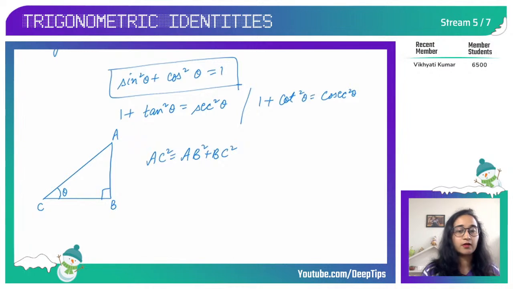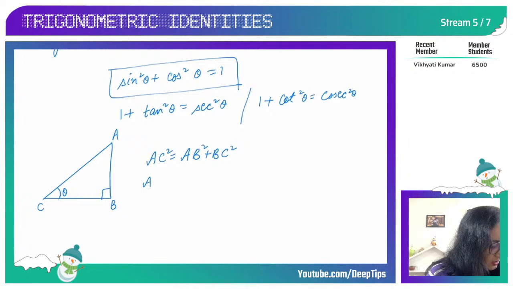Everybody is aware of this, right? What happens when I divide the entire equation by AC square? It doesn't make any difference if I am dividing by AC square on both the sides, right?